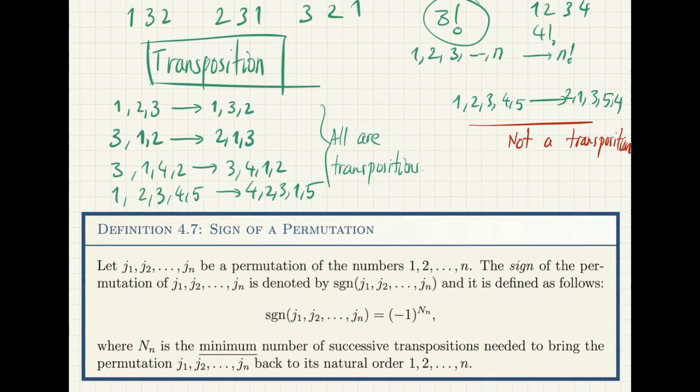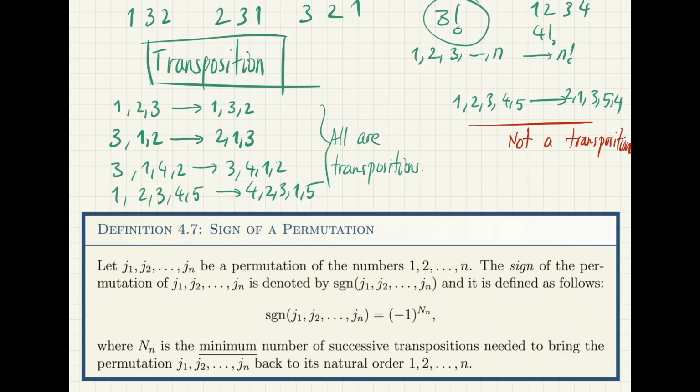What is the definition? The sign of a permutation. Let J1, J2, up to Jn be a permutation of the numbers 1, 2, up to n. So it means J1, J2, up to Jn are the same numbers, probably in different orders. The sign of the permutation J1, J2 up to Jn, we denote it by Sgn of this, and it is defined as follows.